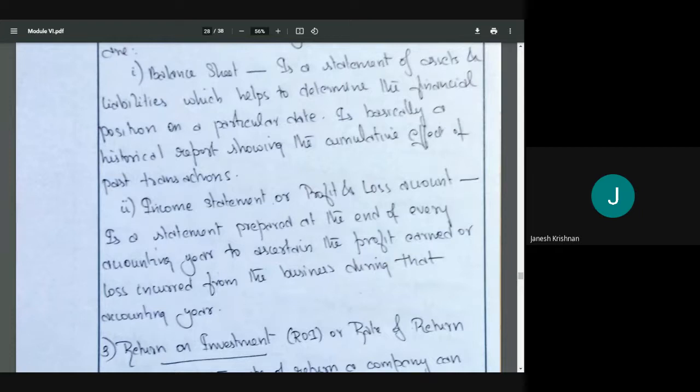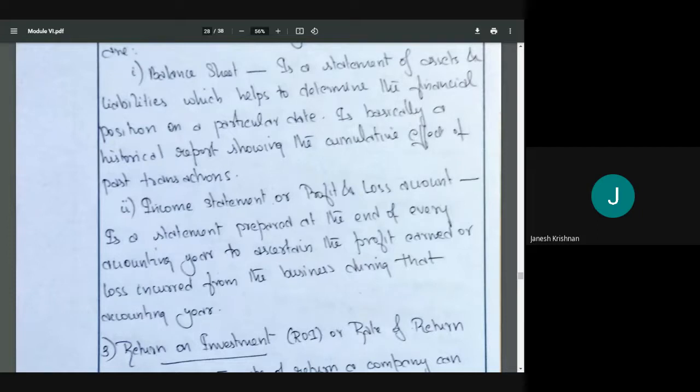What is my profit? It may be that I am in loss, so how much is my loss for that particular year? When I'm talking about 2021, what is my profit or what is my loss in 2021? So that's about financial statements.